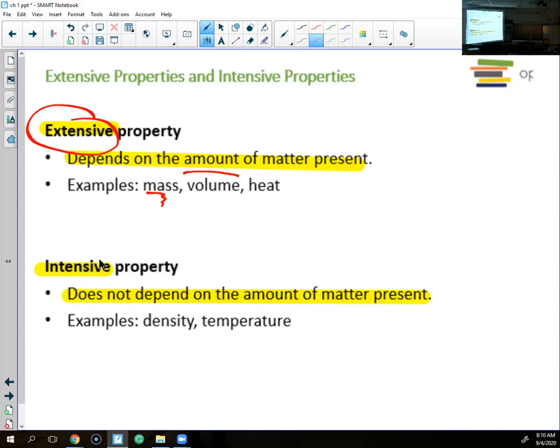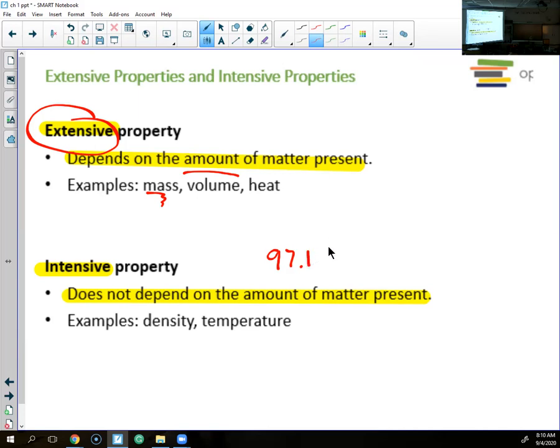An intensive property does not depend on the amount of matter present. That would be like density or temperature. I'm kind of a colder person in life. My body temperature is usually 97.1, year-round, every day, all day.